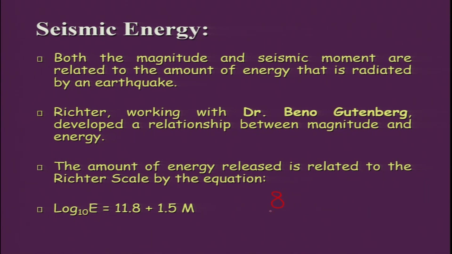Suppose you have an earthquake of 8 magnitude expected in the region, and several 6.5 magnitude earthquakes are occurring. Based on this, you can calculate how many earthquakes of 6.5 would be required to supply the energy of an earthquake of magnitude 8. Even a 6.5 earthquake is considered damaging in some regions with poor construction.